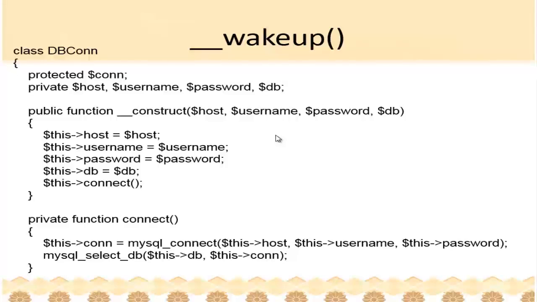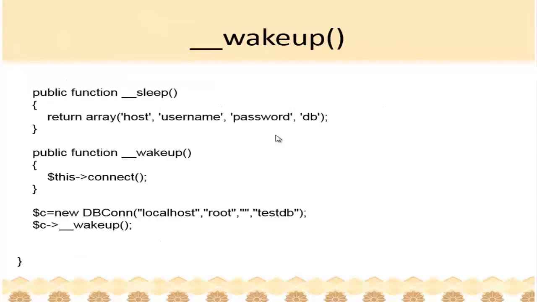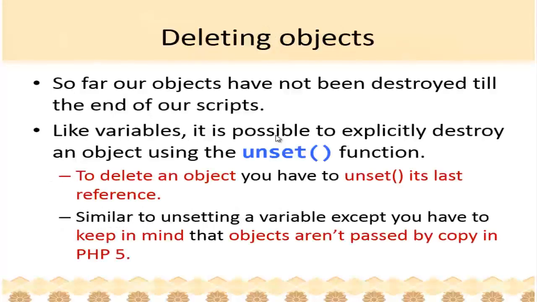So when you are coming back, if this is unserialized, then what are you supposed to do? When it is woken up, after unserialization, you re-establish the connection and then use it. So when this object is serialized, all the content will go except the database connection, because when it is coming back, you get all the values and make a fresh connection to the database. So that is the one.